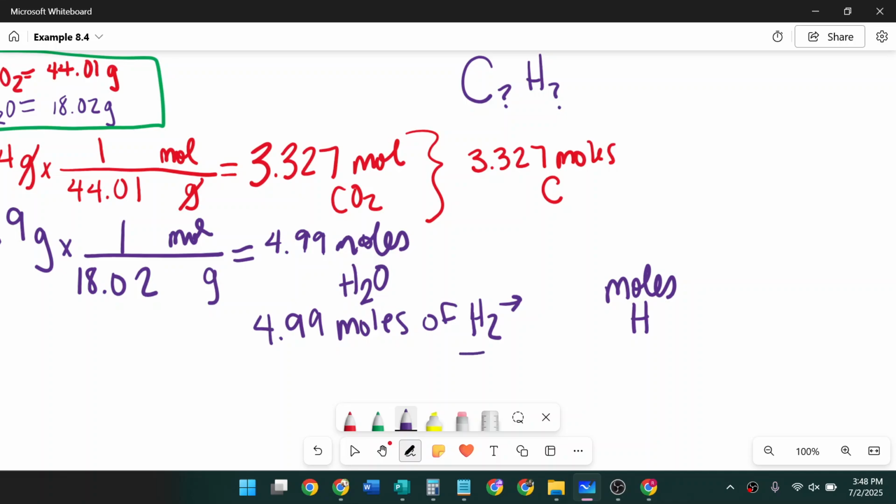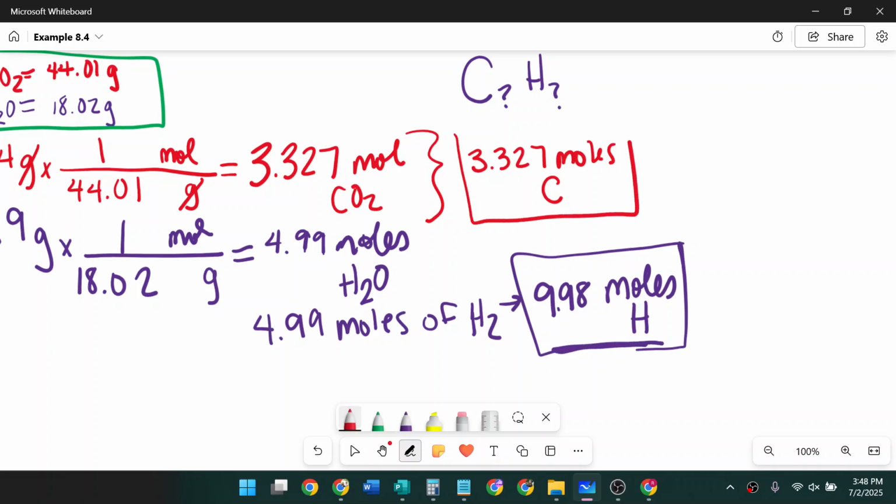And so if we're only wanting 1 hydrogen and not pairs of hydrogen, then we have to double that number. So it needs to be 4.99 times 2 to get that. And so that is 9.98. All right, so this is how many moles we have of hydrogen at the end, and this is how many moles we have of carbon at the end.